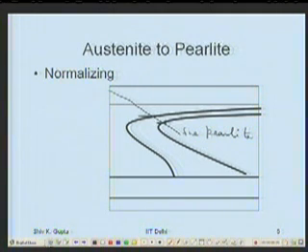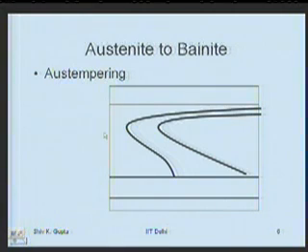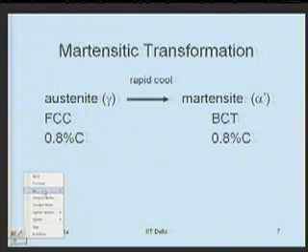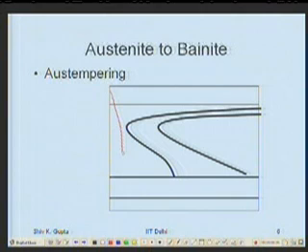Here, very fine pearlite is formed. And then we saw that if we hold it isothermally below the nose of the C curve, that I refer to as the process of austempering, bainite is formed.